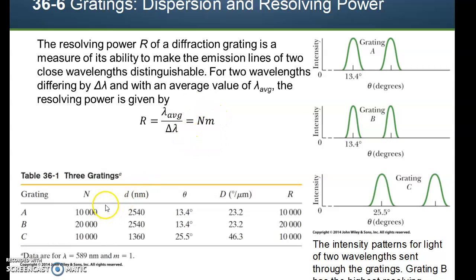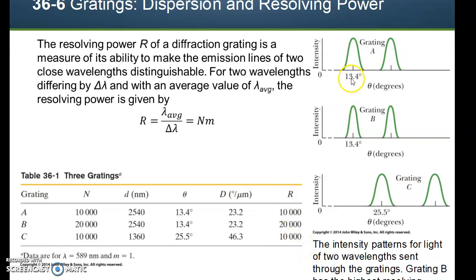So you can see that you have different numbers here, different separations, different angles, and you can see what their effect is on the dispersion. This is the dispersion number, degrees per micron, and this gives you your different resolving power, okay?